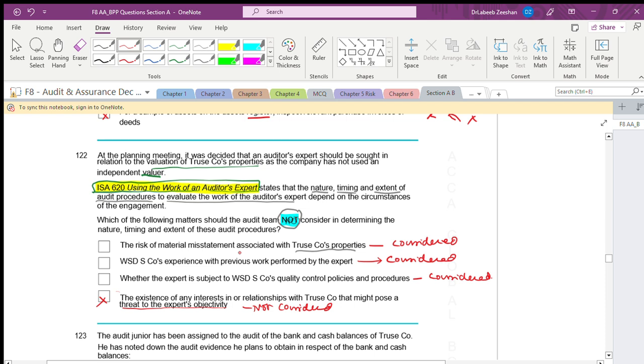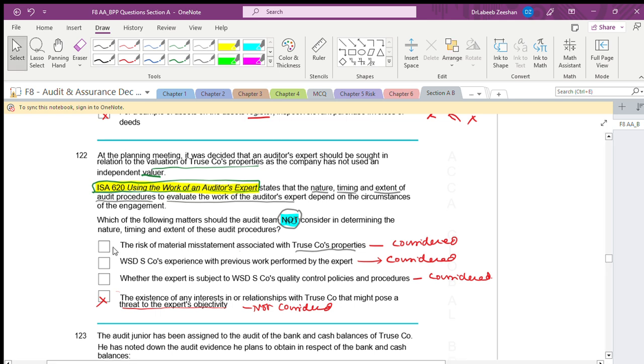We hire an expert based on whether the expert has experience. We hire the expert when the expert has complete knowledge about the procedures of a specific area. This is as per ISA 620.